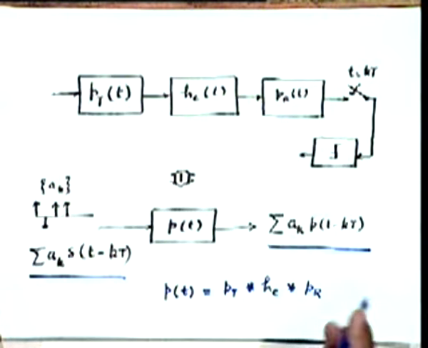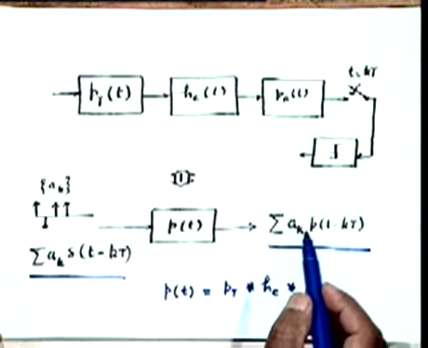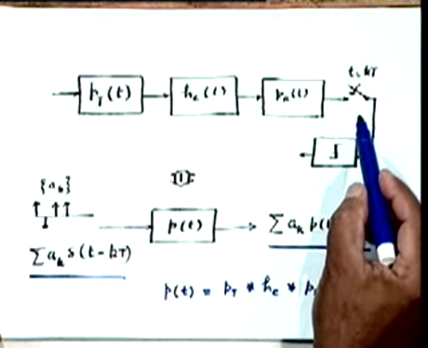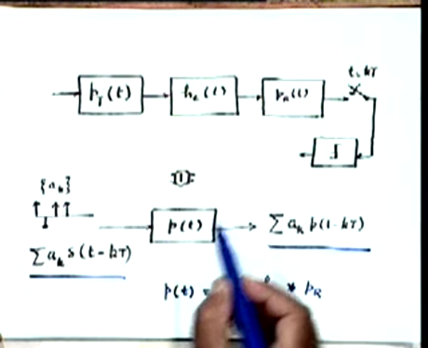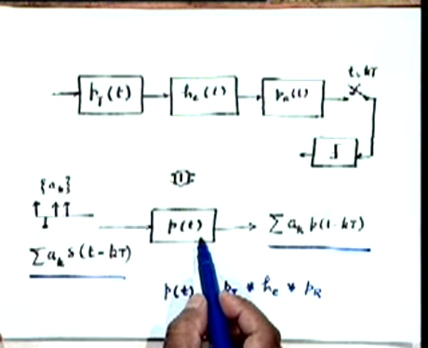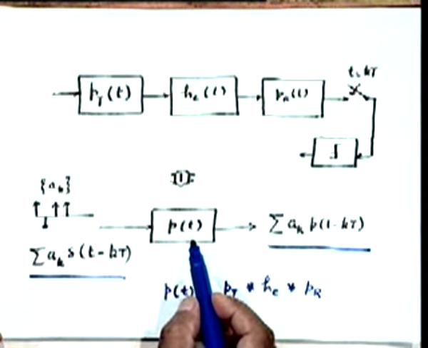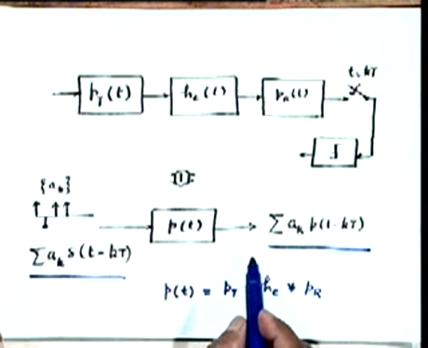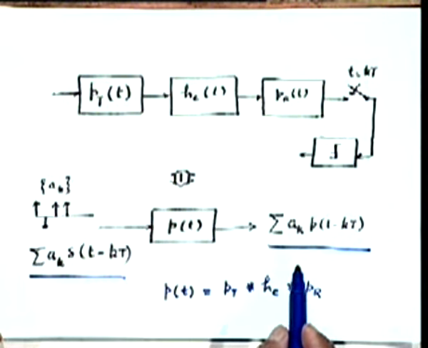What Nyquist proposed was that one can achieve 0 inter-symbol interference if we choose this p(t) such that it undergoes a 0 crossing every T seconds except for t equal to 0.